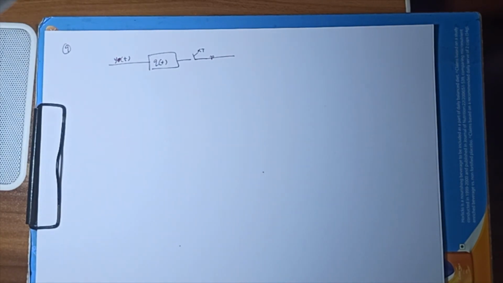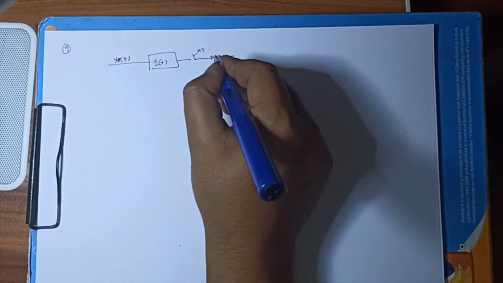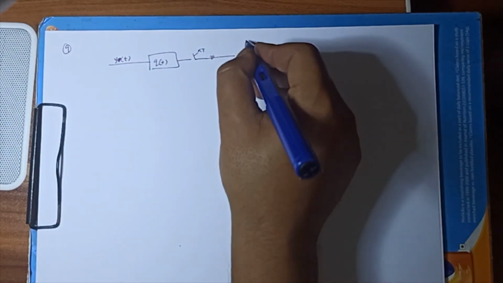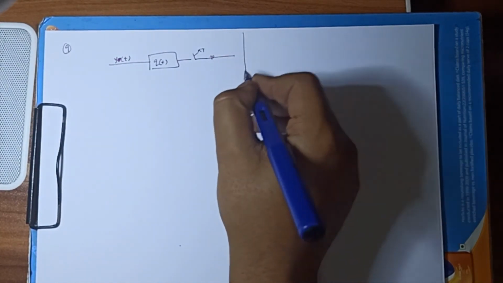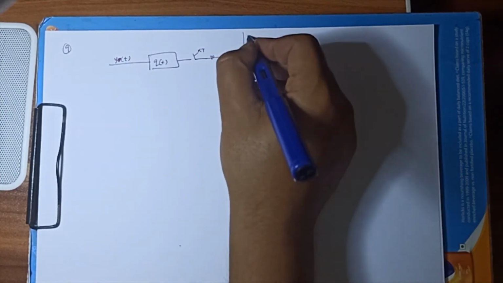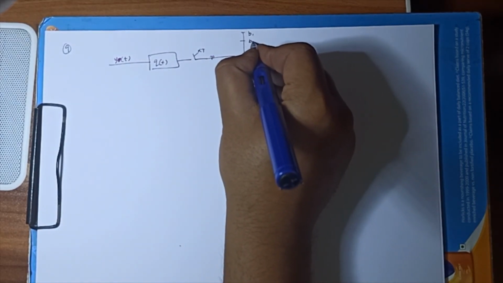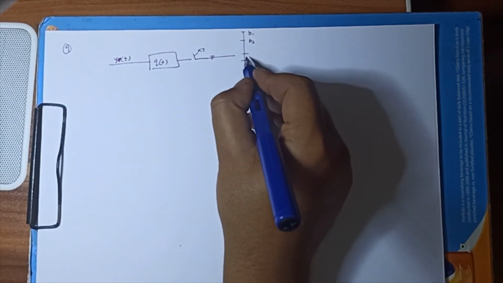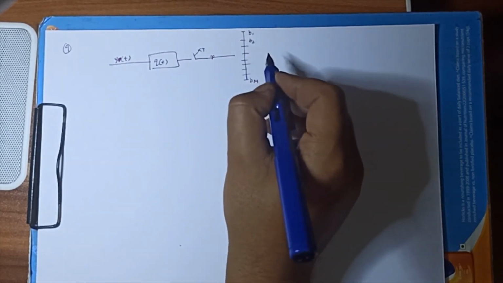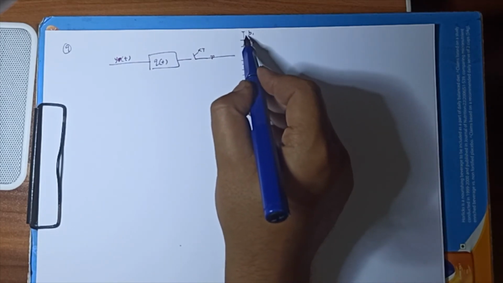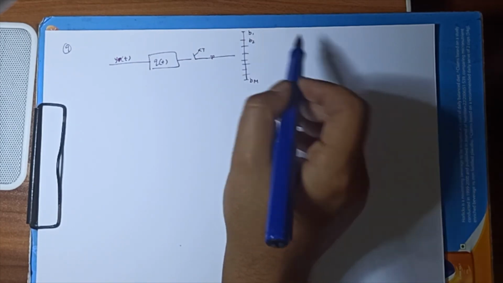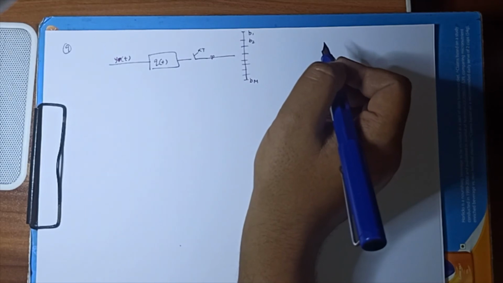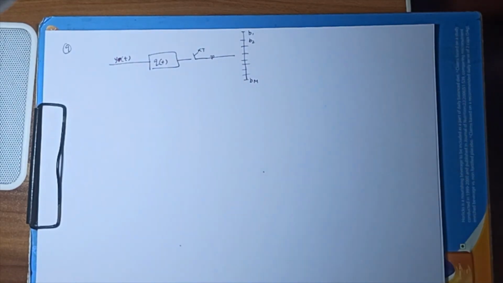The layers, the corresponding values. So you find out which class it belongs to. Suppose these are B1, B2 up to, say, B capital M, and you see which group R falls in. Whichever be the group, the corresponding representative point will be your output, your detection. So this is a simple thresholding operation.